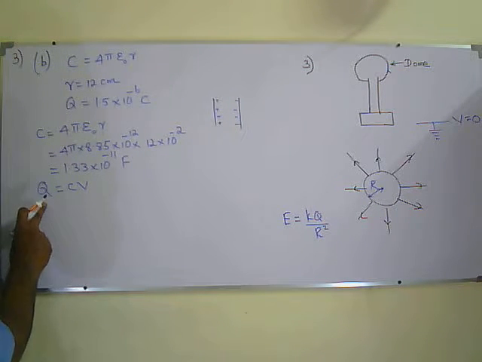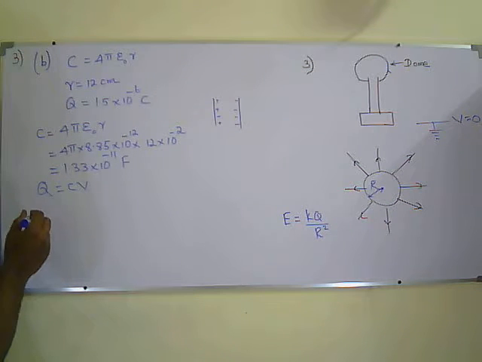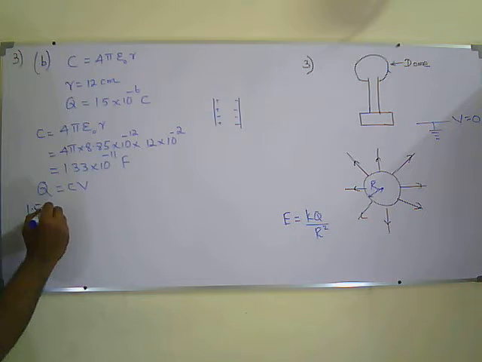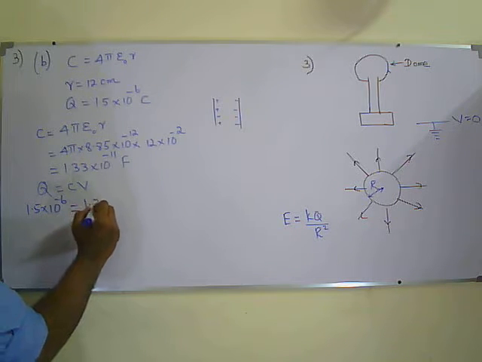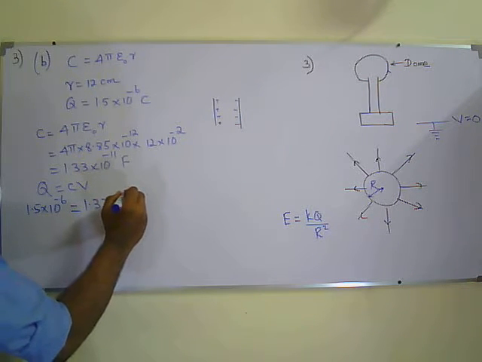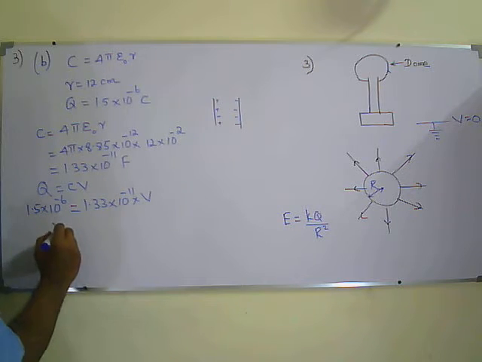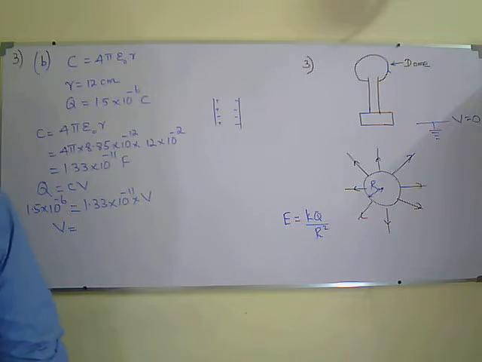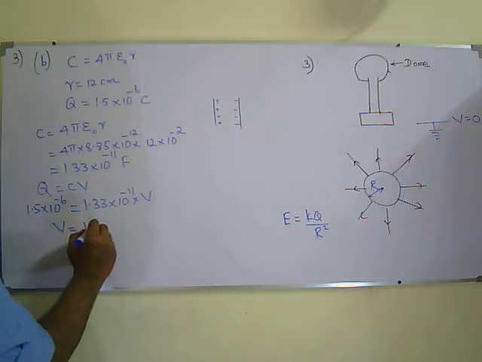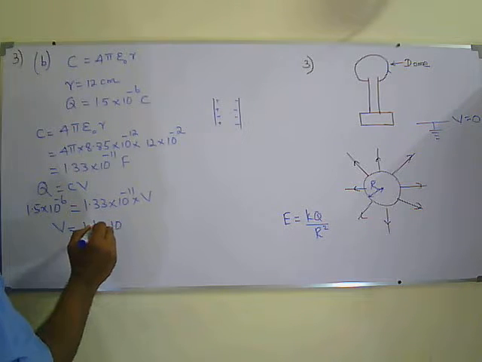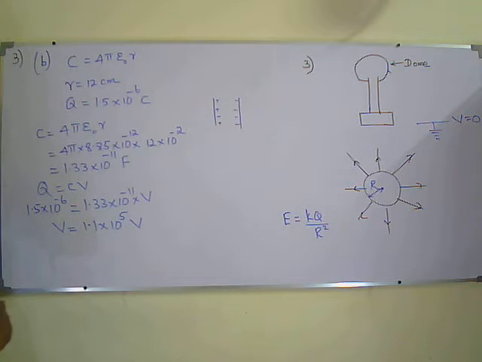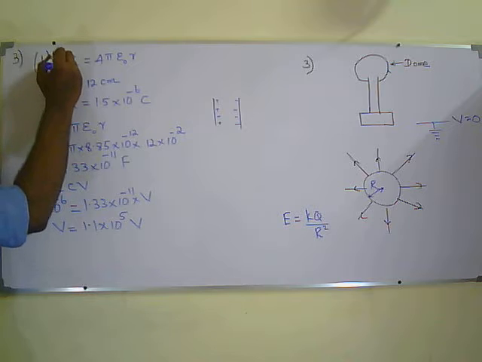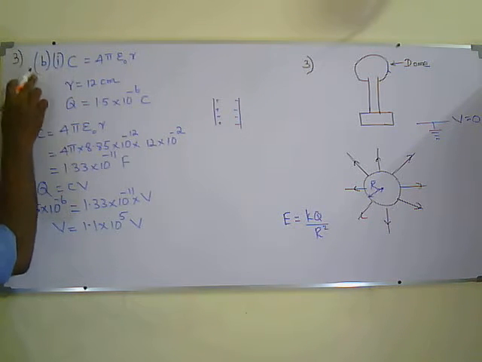So Q is given as 1.5 times 10 to the power minus 6, equal to 1.33 times 10 to the power minus 11 times V. The value of V will be 1.1 times 10 to the power 5 volt. That's the answer for question number 3, B part, first part.